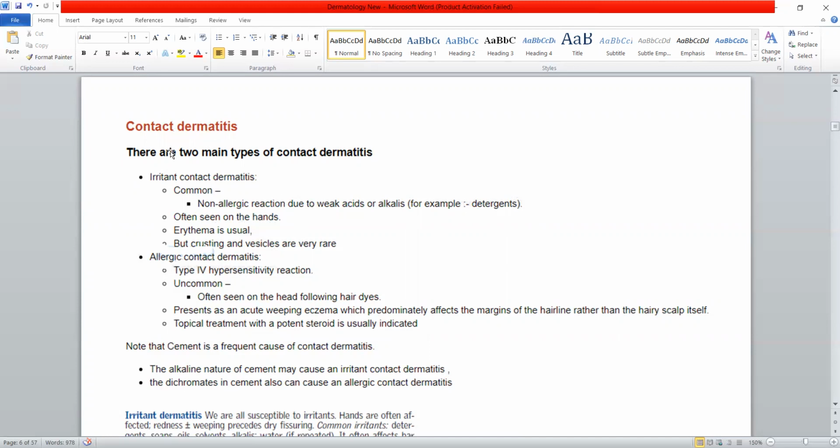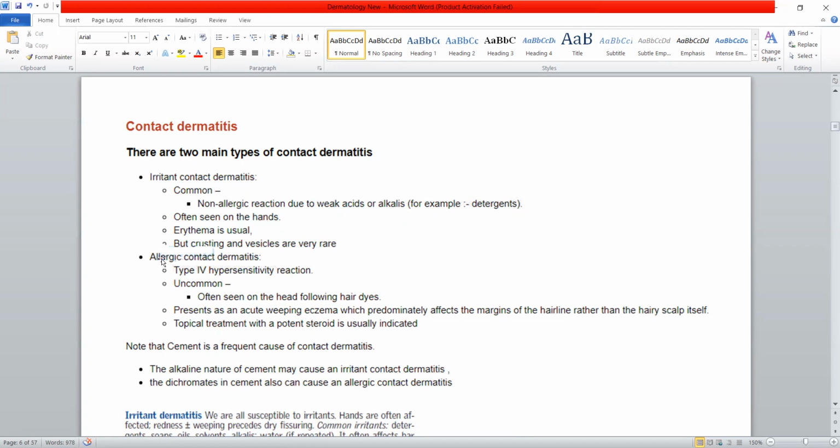So the first type of contact dermatitis, irritant contact dermatitis, is due to irritation by chemicals such as acids or alkalis. Examples include detergents. Because it's a non-allergic reaction, there will be no crusting and no vesicles, only erythema or redness due to irritation.